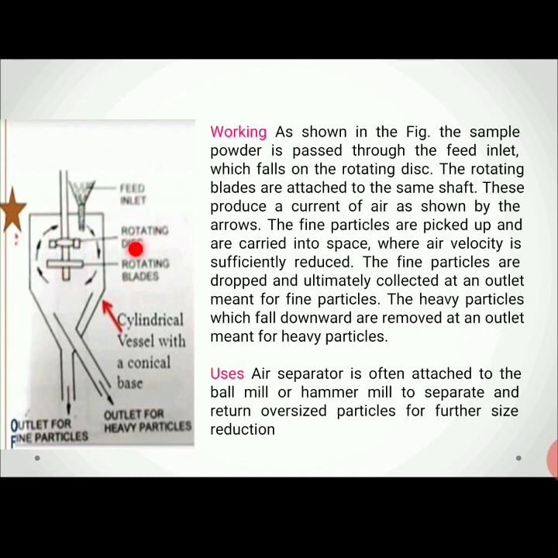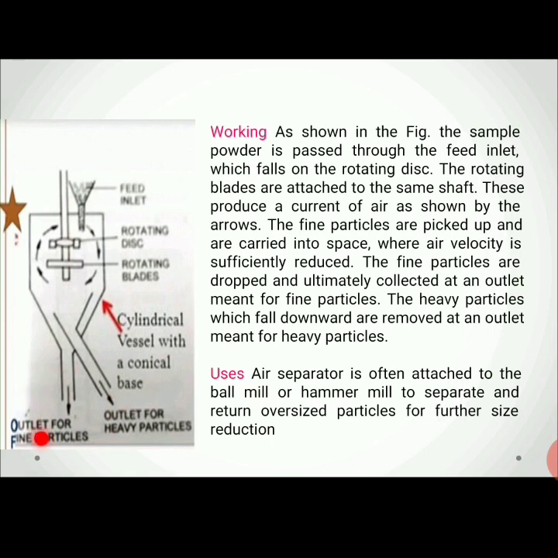The rotating blades are attached to the same shaft. The fine particles are dropped and collected from this outlet, and the heavy particles also fall downwards and are removed from this other outlet.